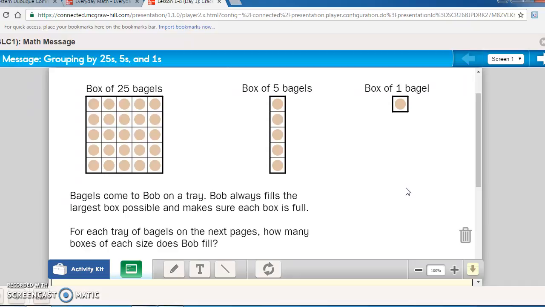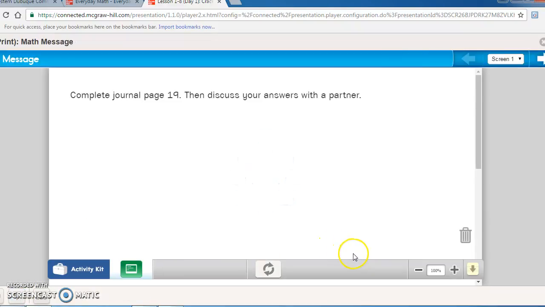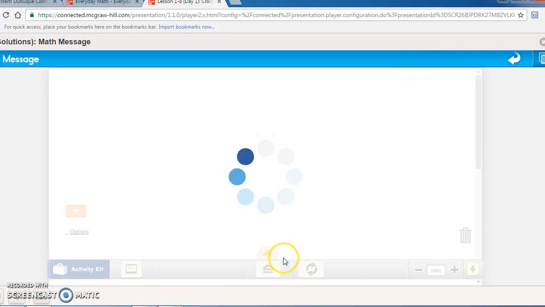For each tray of bagels on the next pages, how many boxes of each size does Bob fill? So complete journal page 19 and then discuss your answers with a partner.